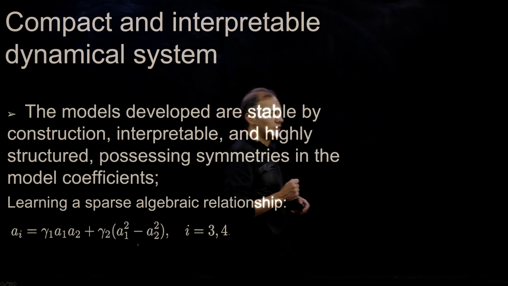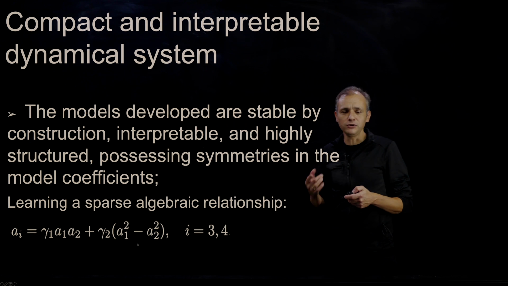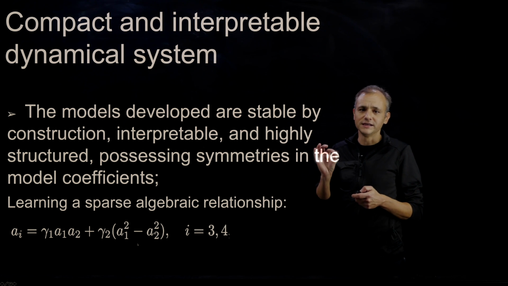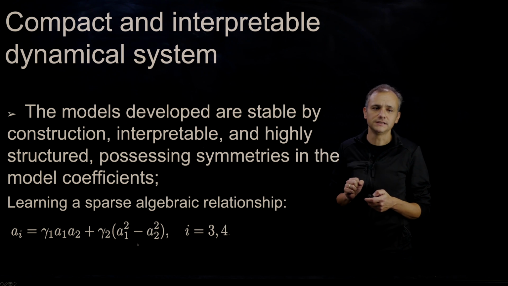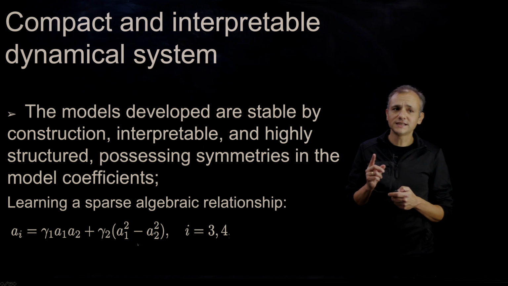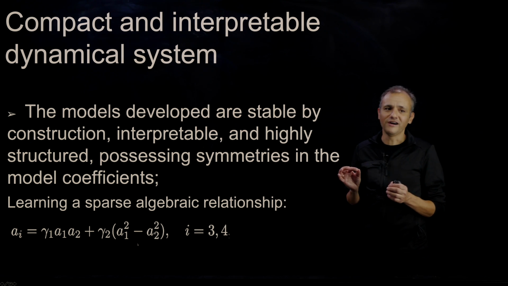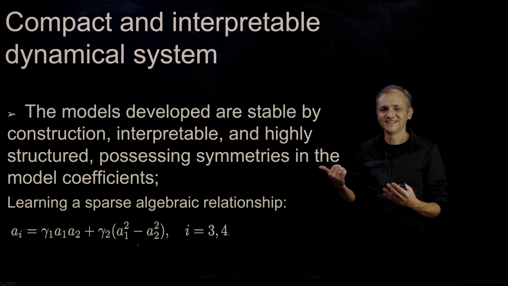Okay, I don't have time to talk about stability details, but you can check in our preprint some analysis showing that our model is stable. It is very important for simulating using a reduced order model. Also, you can check some structure in terms of the coefficients in that matrix.